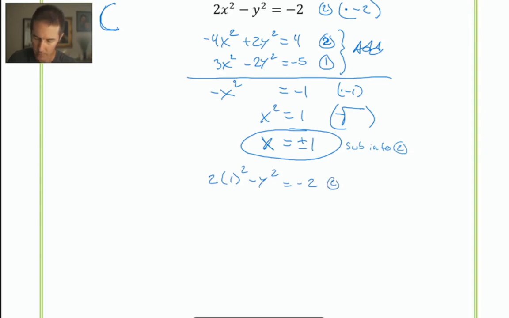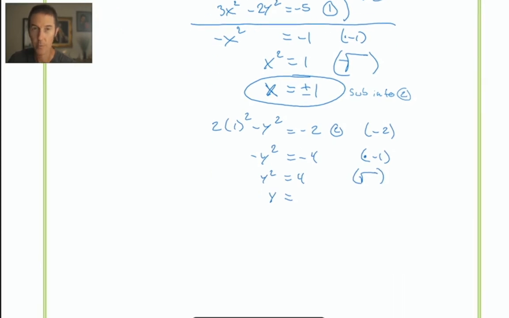That's equation 2. And if we subtract 2 from both sides, then we have negative y squared equals negative 4. And if we multiply both sides by negative 1, we have y squared equals positive 4. And then if we take the square root of both sides, what's the square root of 4? Did you remember the plus or minus this time? Don't forget that plus or minus. So it's plus or minus 2.